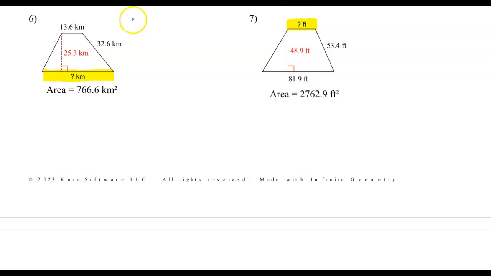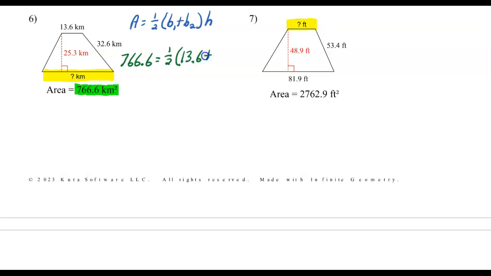I'm still going to use the same formula. Area is 1/2 base 1 plus base 2 times the height. I'm told that the area is 766.6 kilometers squared, so I'll substitute that into the left side. On the right-hand side, I'll say 1/2 times 13.6 plus base 2 times the height, which is 32.6.